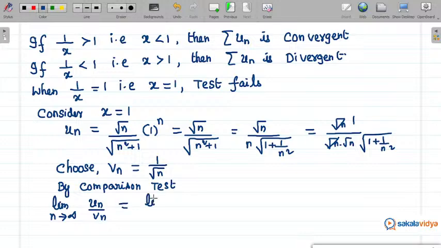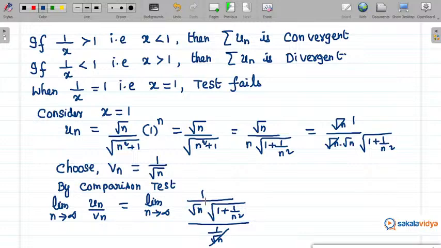So un is nothing but 1 by root n into root of 1 plus 1 by n square, divided by Vn. Vn means 1 by root n. So this 1 by root n gets cancelled. We have 1 here.